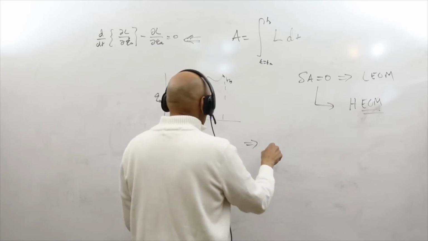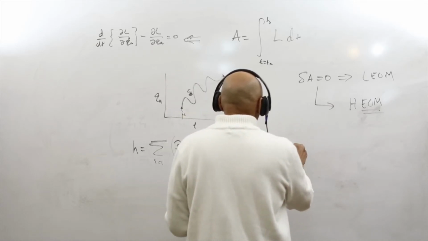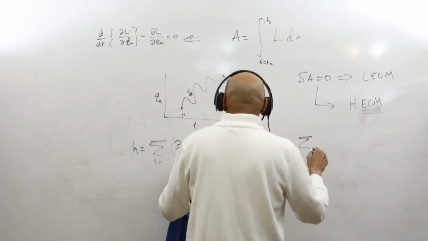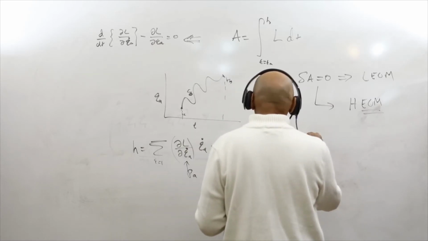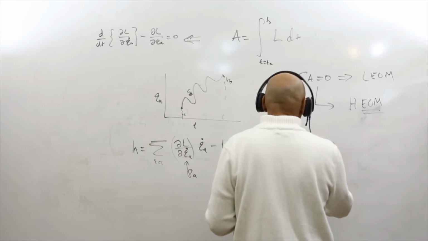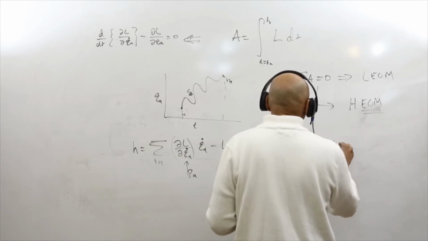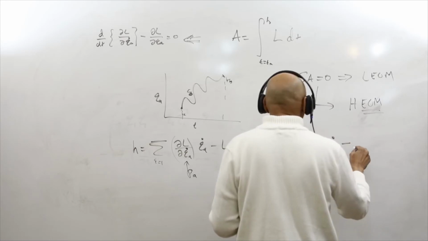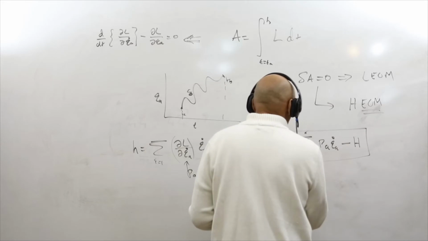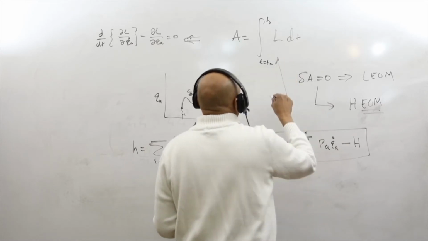So the Lagrangian can be written as the sum over a from 1 to n coordinates of p_a q_a dot minus the Hamiltonian. And this is where I'm going to do the variation.